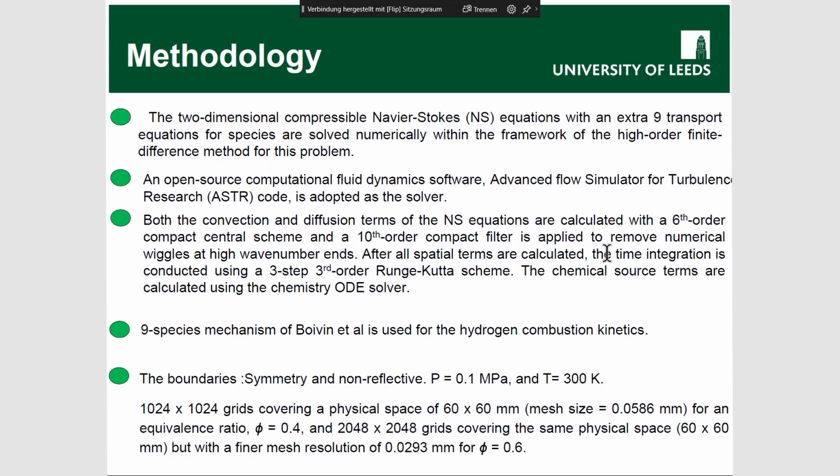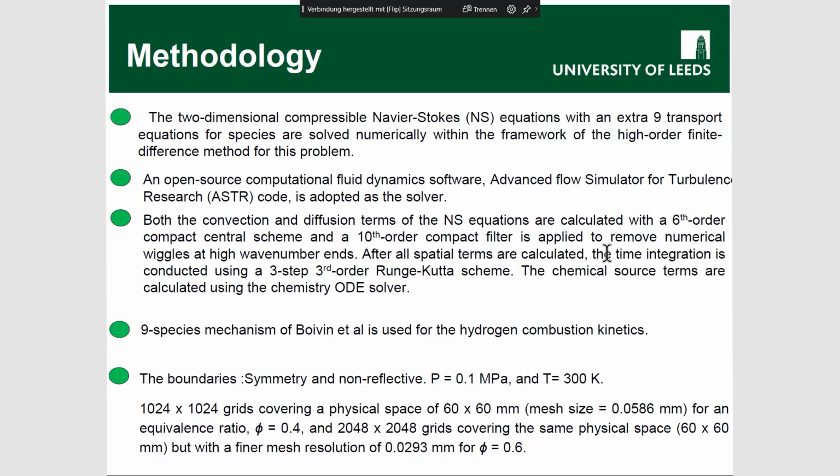We use open-source software, the Advanced Flow Simulator for Turbulence Research, called ASTR. The chemical source terms are calculated using a chemistry ODE solver, and a reduced species mechanism is used for the hydrogen combustion kinetics.